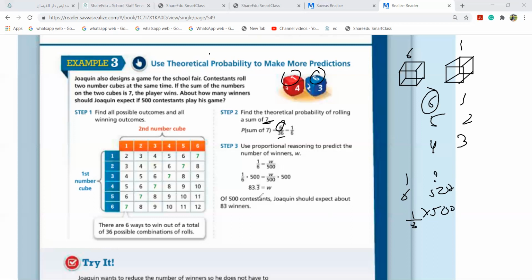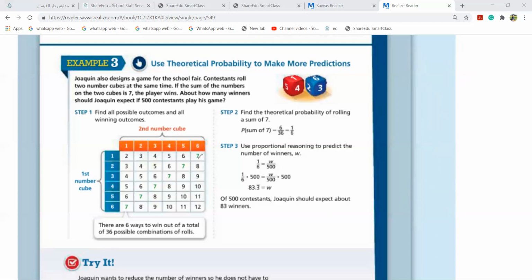So I get 83.3 contestants. Now, how do I say that 7? You see here 7, 1, 2, 3, 4, 5, 6. How many sums of 7 are there? There were 6. 1, 2, 3, 4, 5, 6. That's why I wrote 6 over 36.